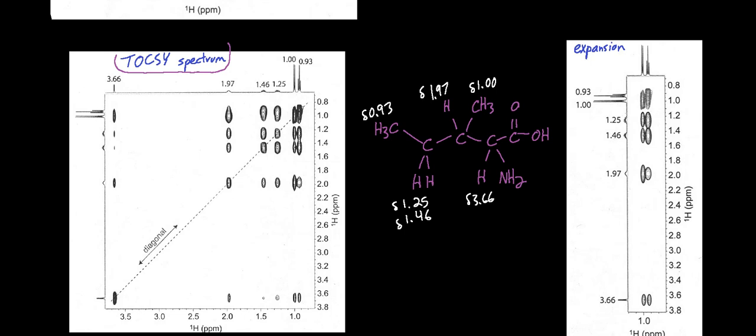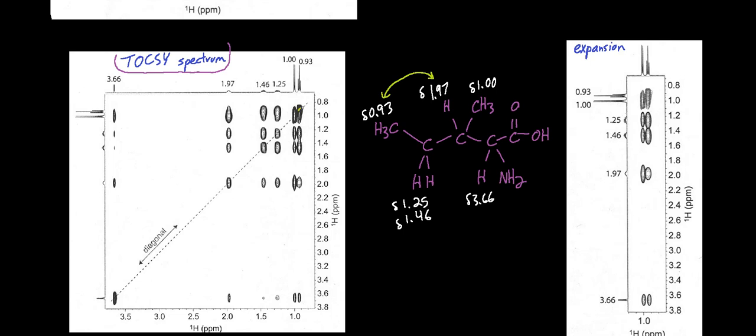So in TOCSY, what we expect to see is not just the correlations between, say, 0.93 and 1.25 and 1.46, but now you should see a correlation from 0.93 to 1.97. So do we?